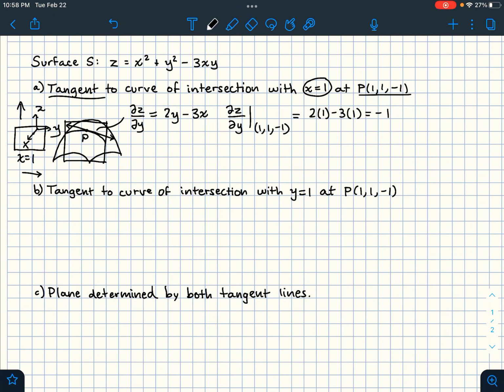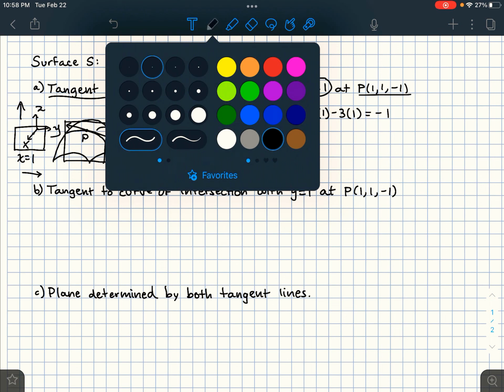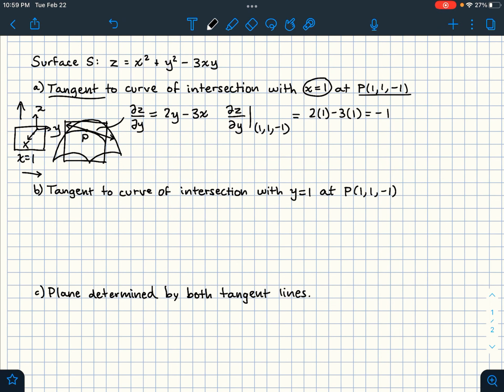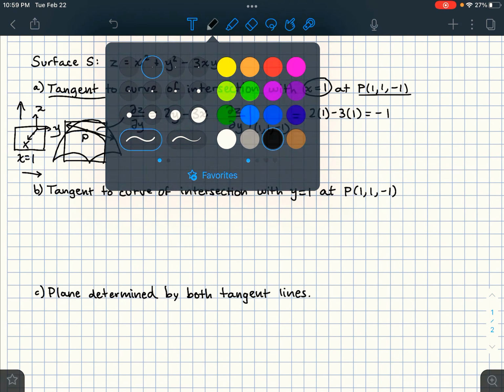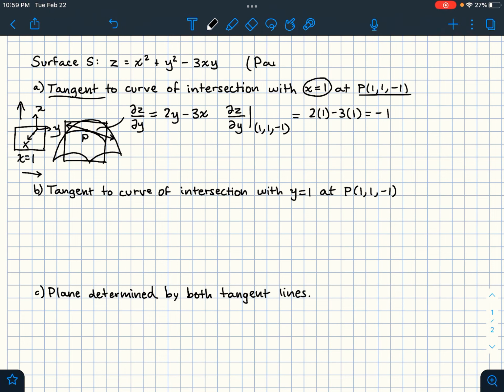Now the next step in this problem is to convert this slope to a vector, because one instruction that was given to you in this problem was to find parametric equations for these lines, not equations using x, y, and z.